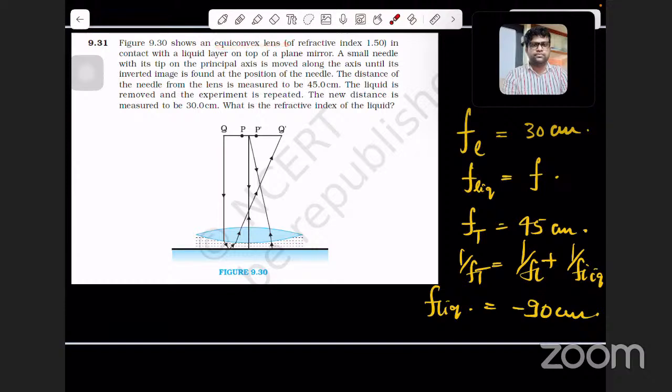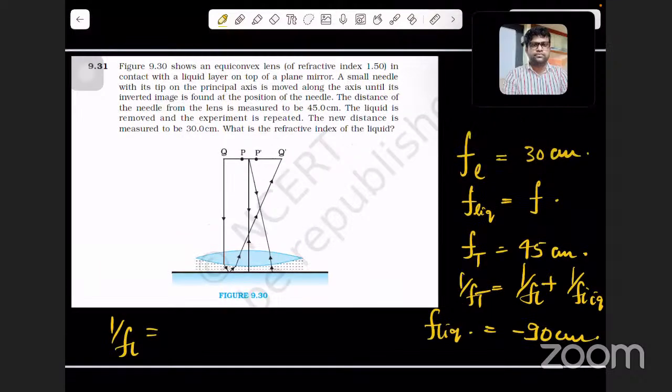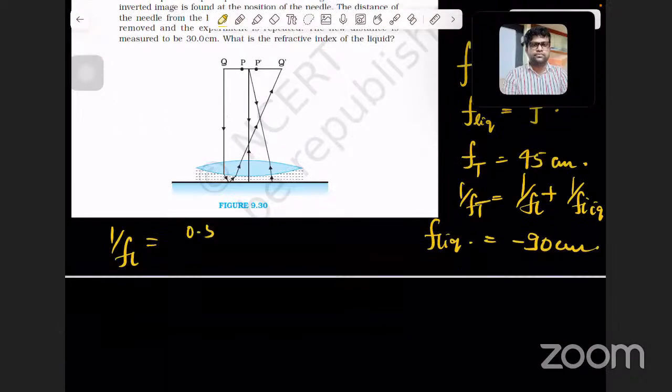Now, from the lens maker's formula, 1 by f of the lens is mu minus 1, mu of the lens is given to us, that is 1.5. 1.5 minus 1 is 0.5 into 2 over r, right? So r is just fl, which is 30 centimeters.